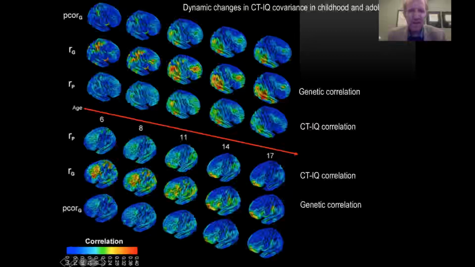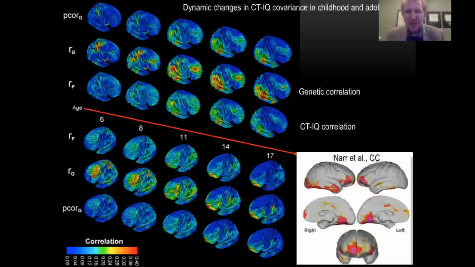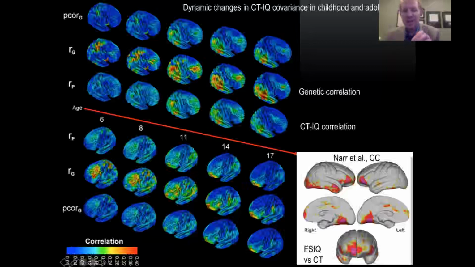And the thing I think is really cool is that this plot actually fits very well if you look at the literature, but only if you look at the specific time point. So I'm not showing you all the time points, but this is brain IQ, cortical thickness versus IQ relationships in adults.